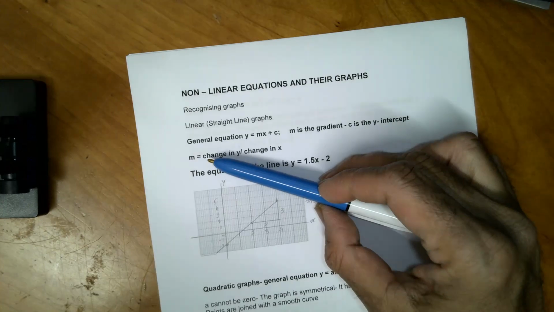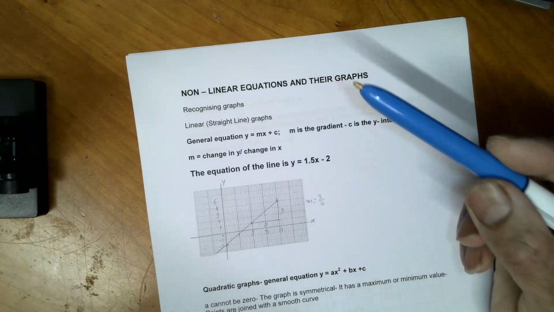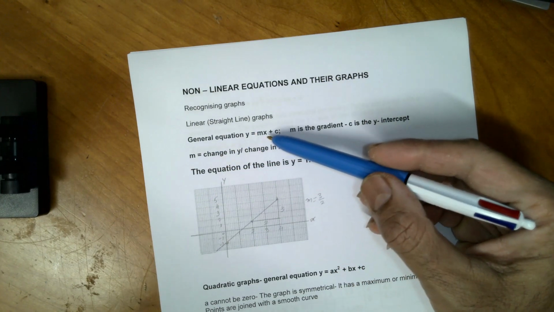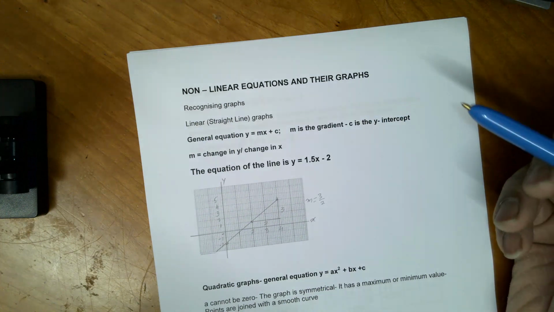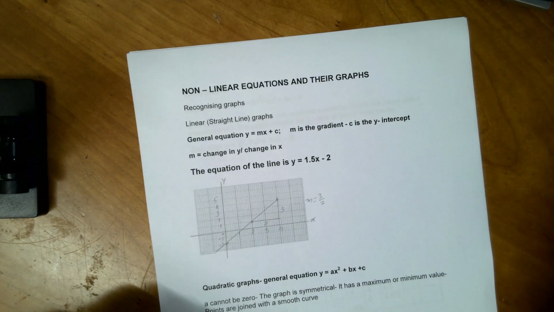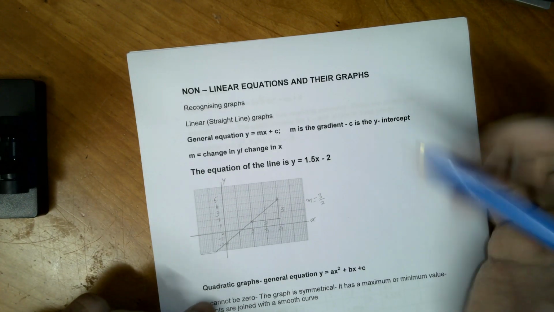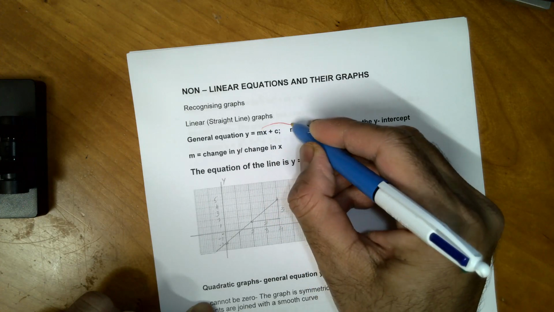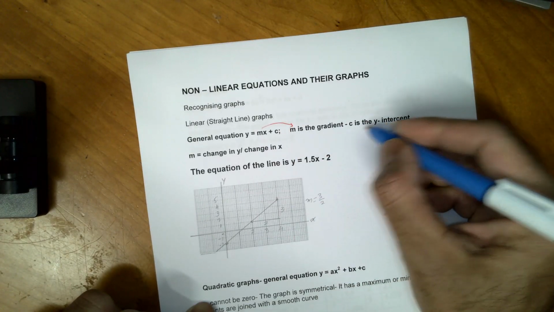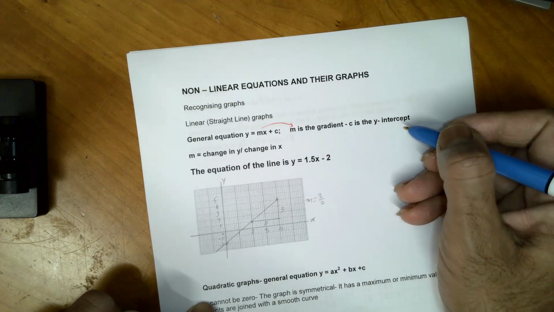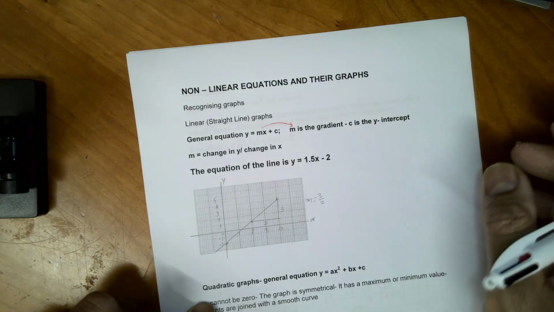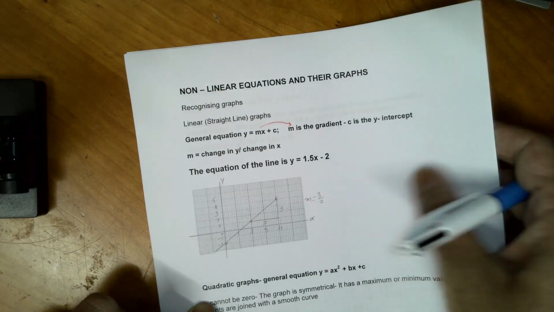For that, the general equation is y equal to mx plus c, where m is the gradient and c is the y-intercept. So I will explain that in this graph too.